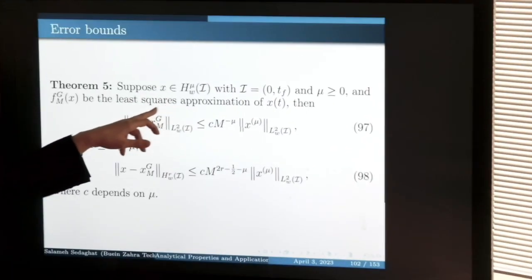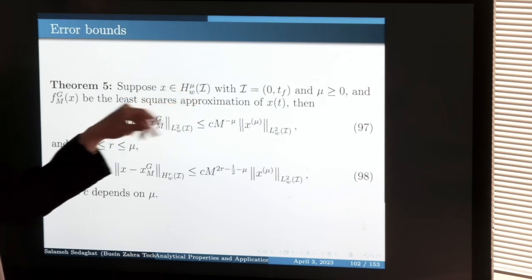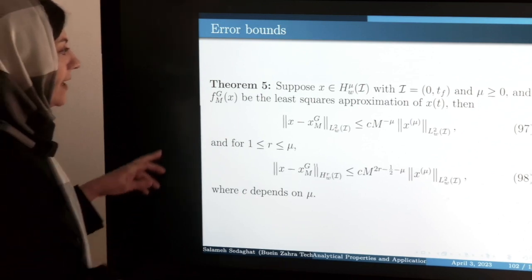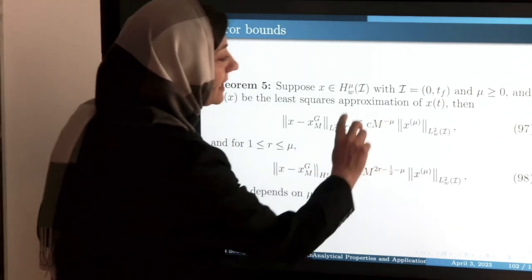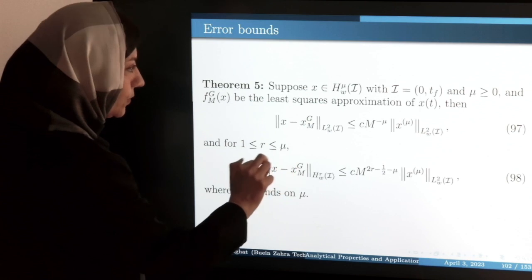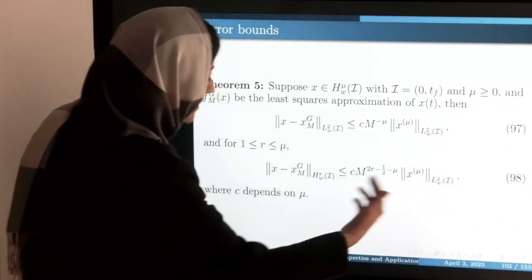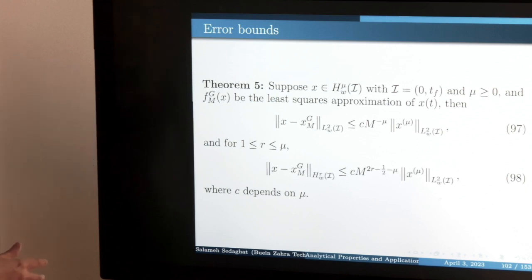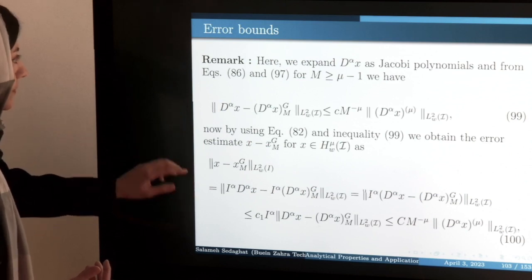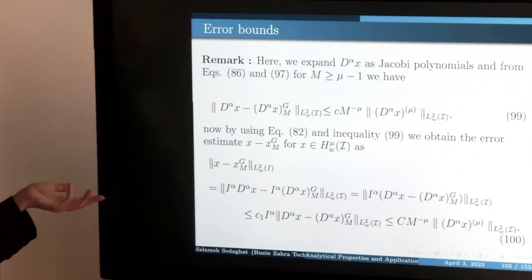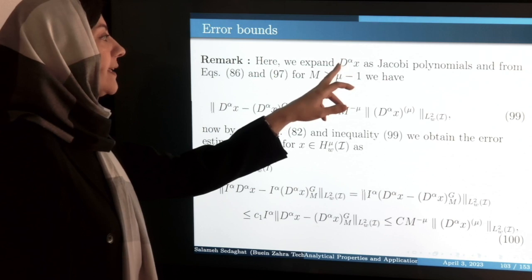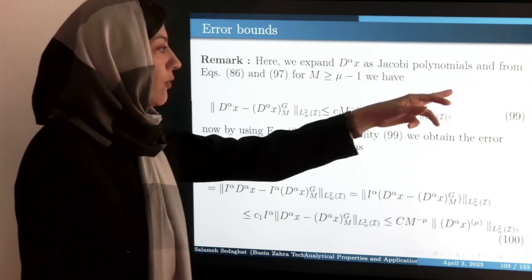Suppose that X is a member of a Sobolev space of order mu and X_M is the least squares approximation of X. So we have this error bound for X. For r between 1 and mu, we have this error bound. I want to use this theorem to obtain the error bound of our method. In this section, we expand the derivative of order alpha of X by using the Jacobi polynomials.